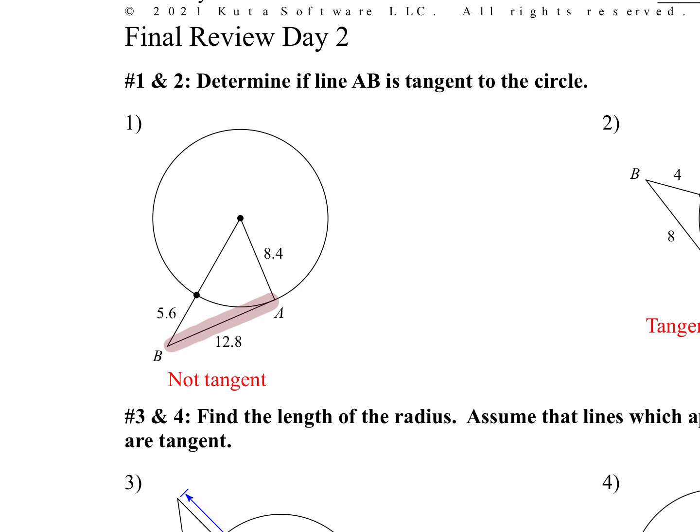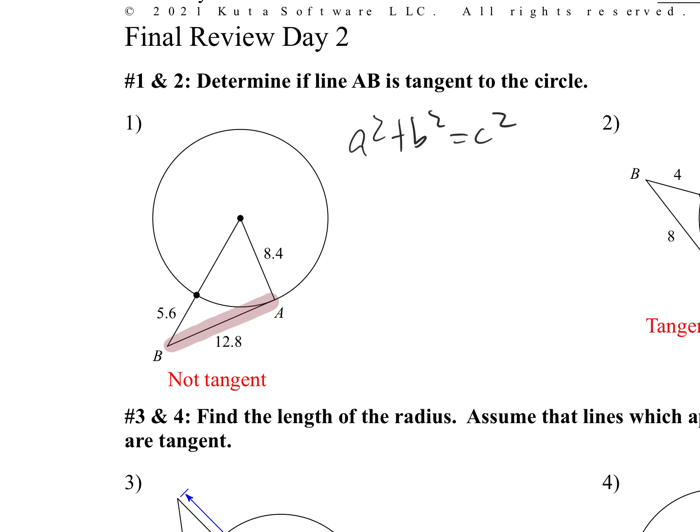If it is a tangent line, what kind of angle does it make with the radius? 90. Okay. So what we need to do is use Pythagorean theorem, A squared plus B squared equals C squared, to determine, does this actually form a right triangle or not? If it does, then that means that it's a tangent. If it doesn't, then it's not.